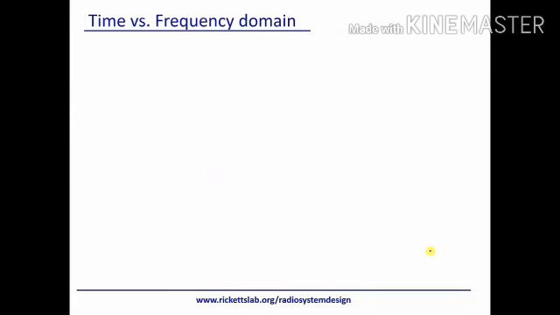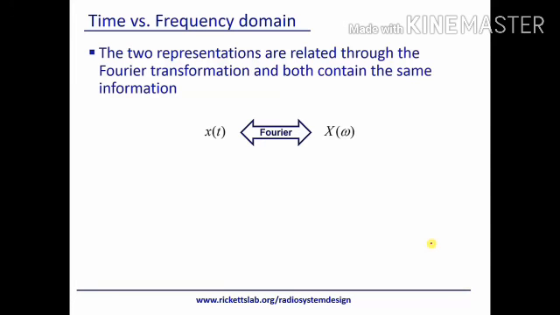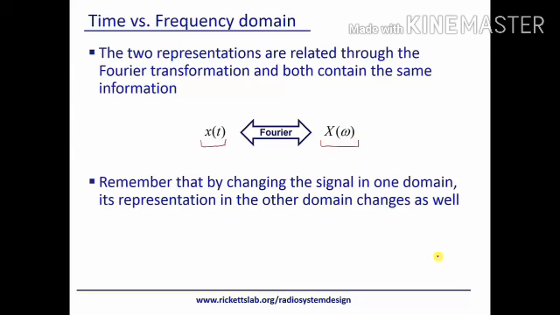All right, now we've been talking about the time versus frequency domain, and as you know, we can go between those two using the Fourier transform. The Fourier transform will take us from a time domain signal into a frequency domain signal, as you know. Just as a reminder, if you change a signal in one domain, it gets changed in the other domain.